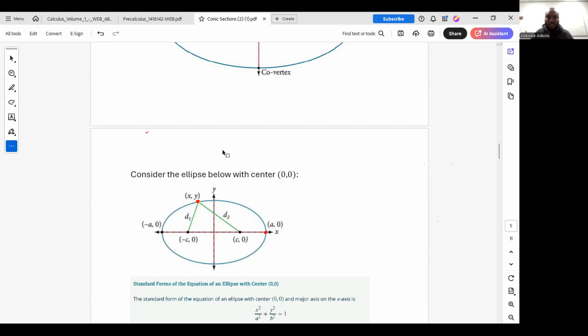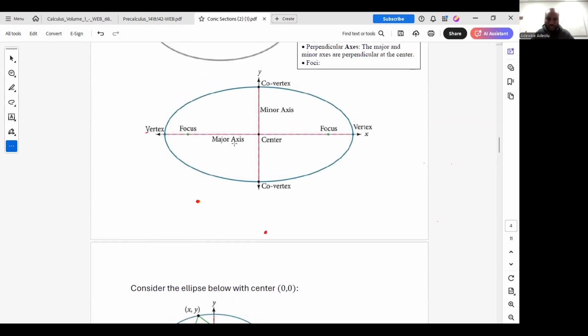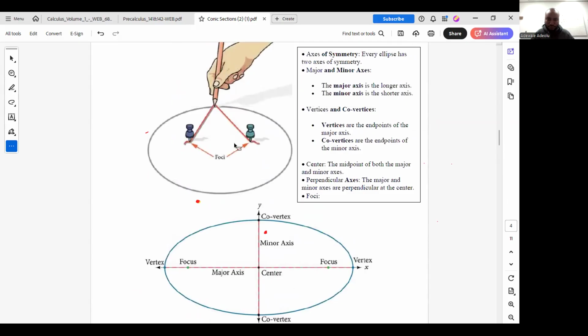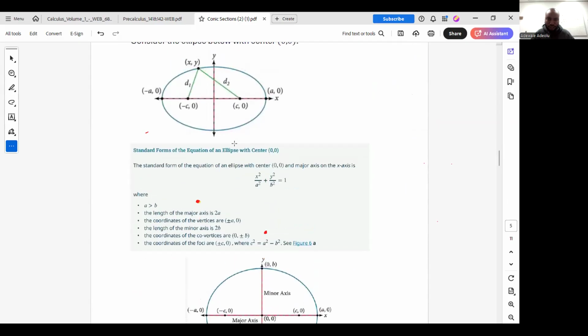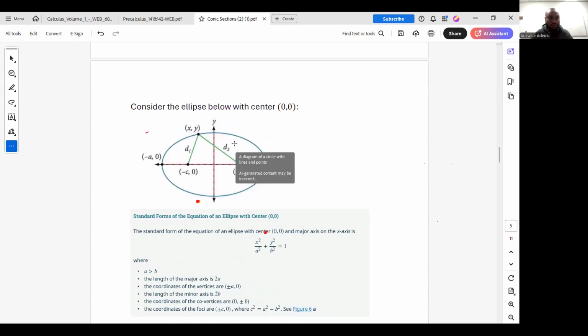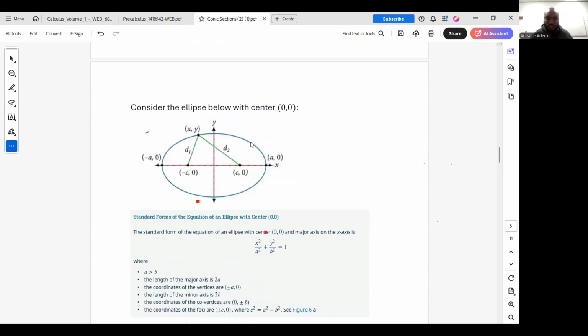Okay, no problem. Let me just continue with it. So I call this point a comma 0. That is the distance from this center all the way to this point. I call it a. Then the distance from this center to this vertex, I call it negative a.